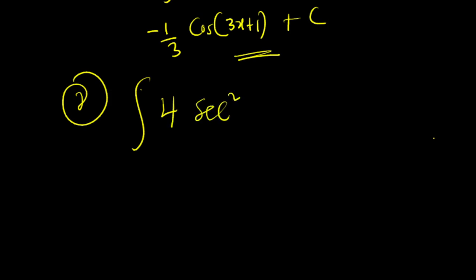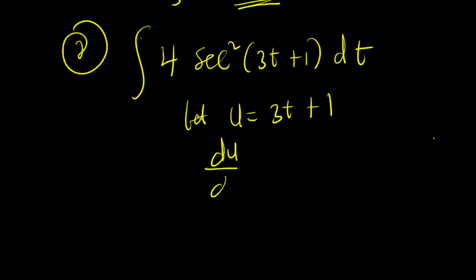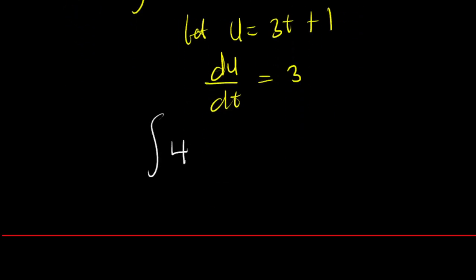4 sec squared of 3t plus 1 dt. How are we going to integrate this? Again, u is equal to 3t plus 1, and du dt is 3. So that means we are now having 4 sec squared u.